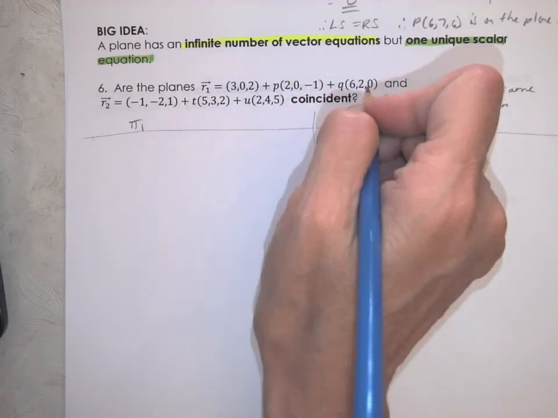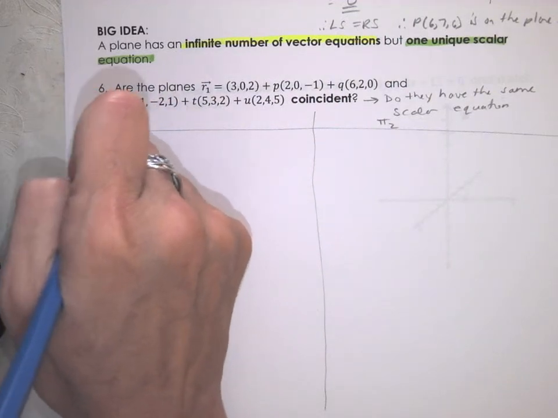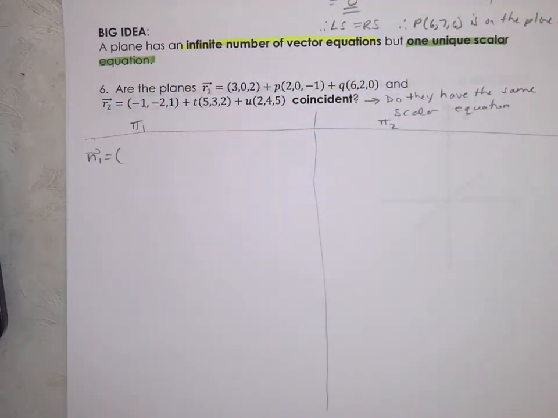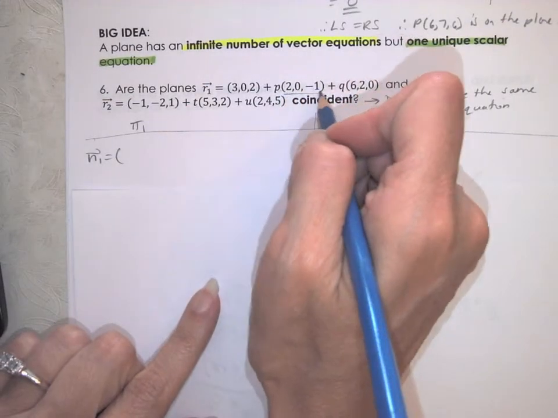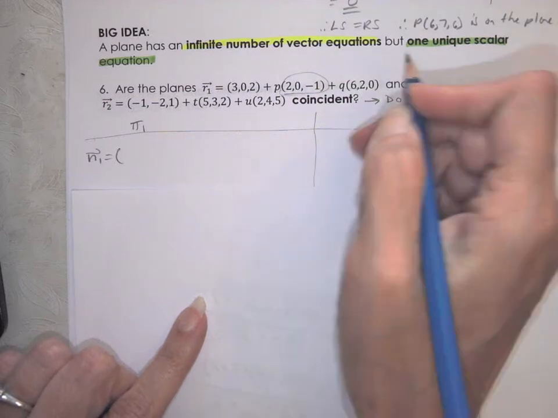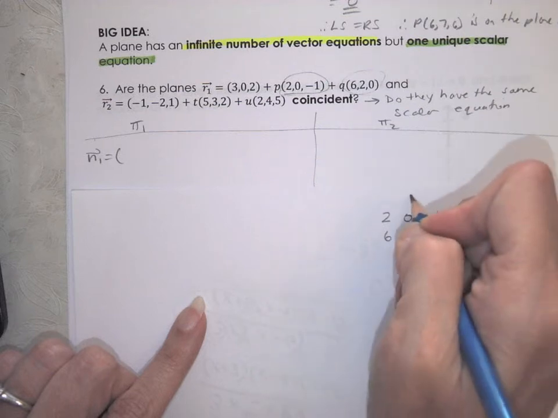So for my first question here, to find the normal, I'll call normal 1, I'm going to do the cross product of the direction vectors. So I'm going to do that on some scrap paper. Okay. So here's my direction vector, 2, 0, -1, repeat the 2. And my next direction vector, 6, 2, 0, repeat the 6.